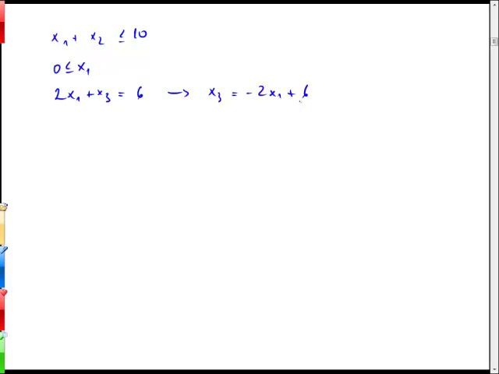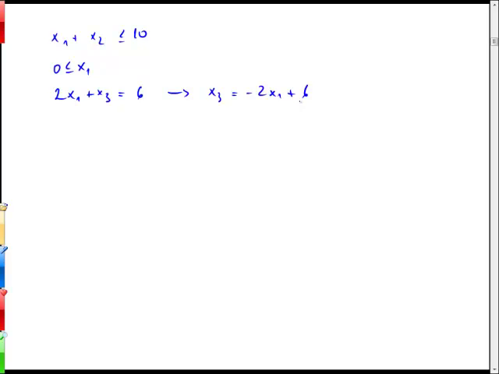Since this equation must hold, you can replace x3 by minus 2x1 plus 6 in all other constraints, and then you are done. You have an equivalent formula which does not contain x3 anymore. This is usually done in pre-processing.